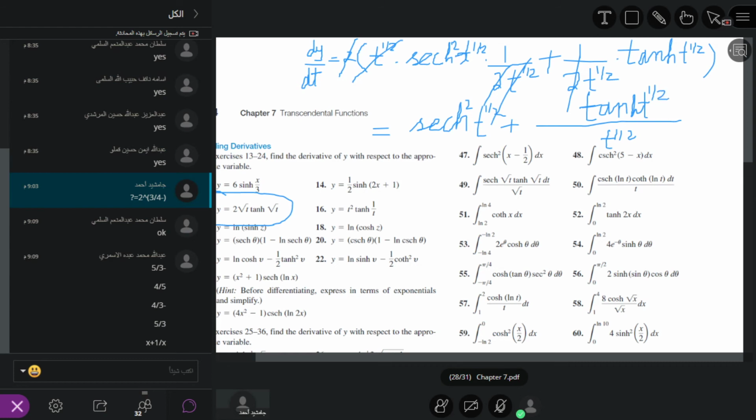This is the answer. I again repeat, to solve question number 15: y is equal to 2 square root of t tan hyperbolic square root of t.